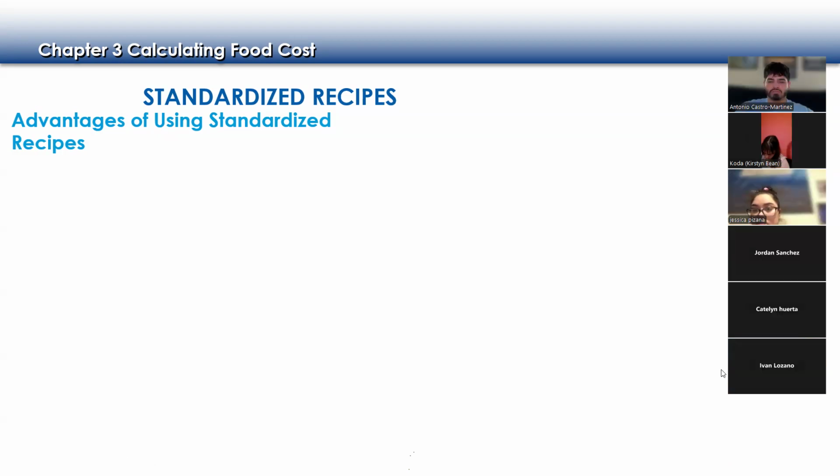How would you explain to a 5-year-old what a standardized recipe is? Anybody want to share? Okay, how would you explain to a 10-year-old what a standardized recipe is? Maybe we went too young.